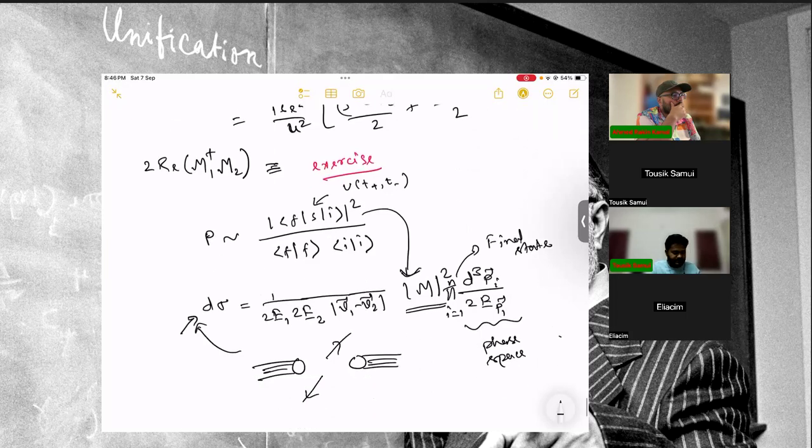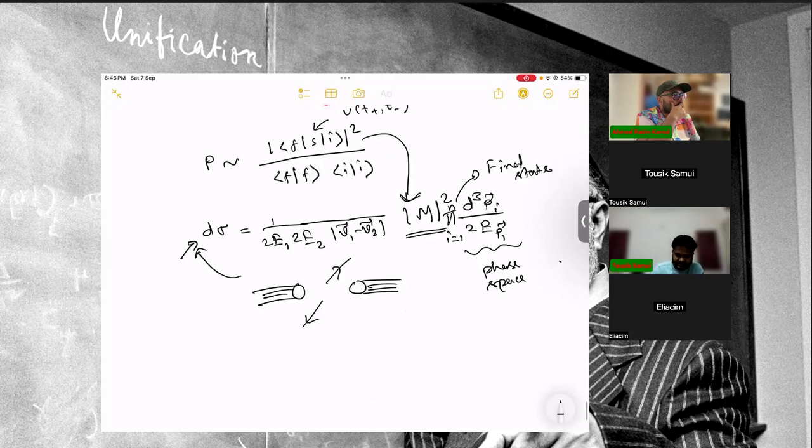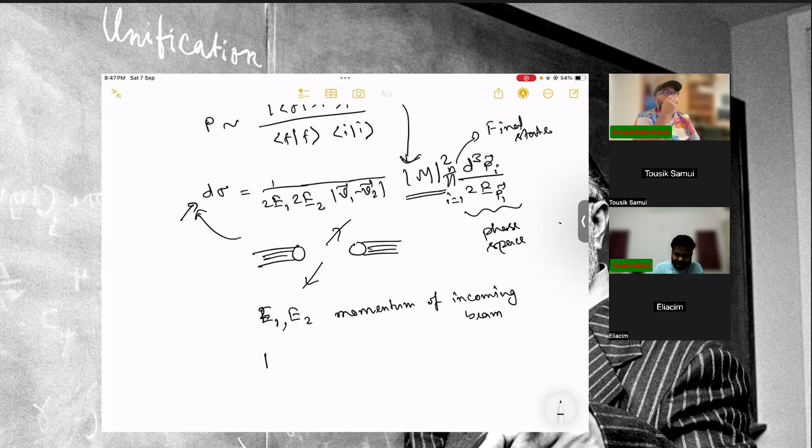This is one of the utilities and computations that I wanted to show, but for the scattering I don't have much time to go into the details. So I just denote this: E1, E2 are momenta of the incoming beam, and m squared is calculated.